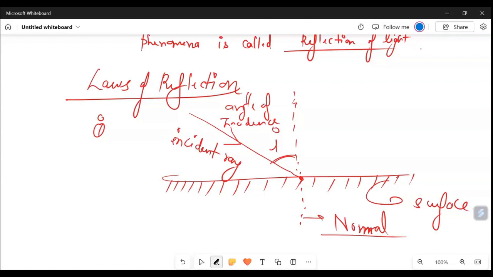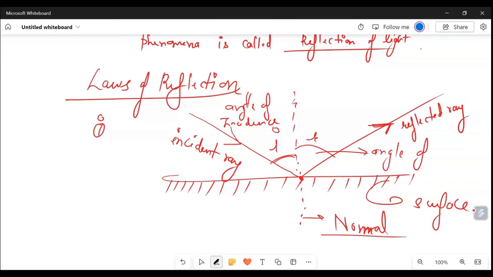It is represented by I. Then it bounces back after striking the surface, and when it is going away, we use this kind of arrow, and that is called the reflected ray. This reflected ray also makes an angle with the imaginary normal line, and that is called the angle of reflection.